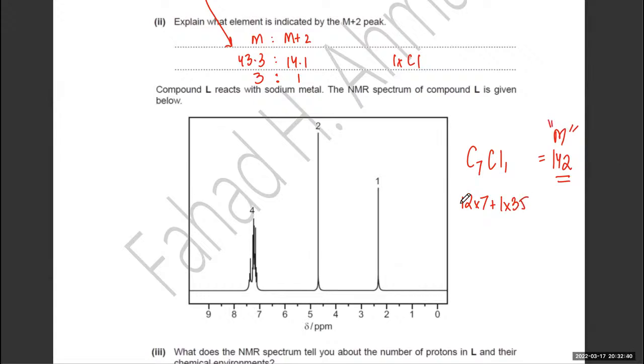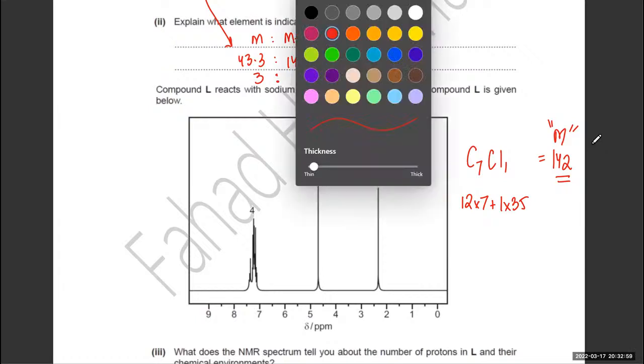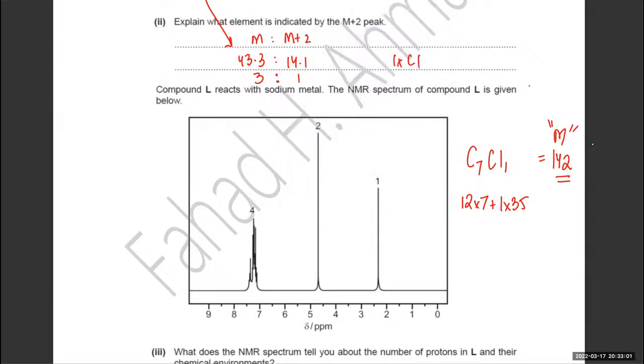Can you total that and subtract it from 142? What do you get? 23. So there's a 23 missing.